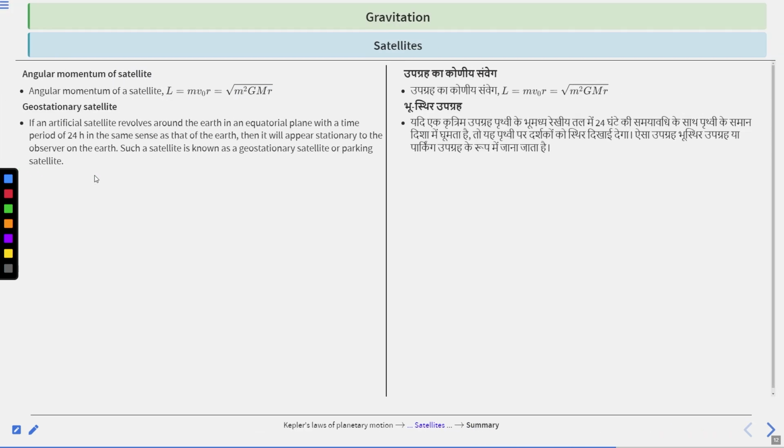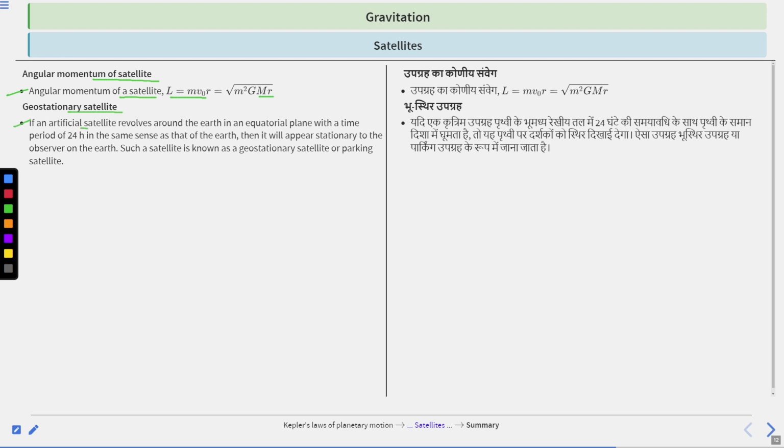Next is angular momentum of satellite. Angular momentum of satellite L is equal to mv naught r, which is equal to under root m square GM r. This is the angular momentum of satellite. Next is geostationary satellite.